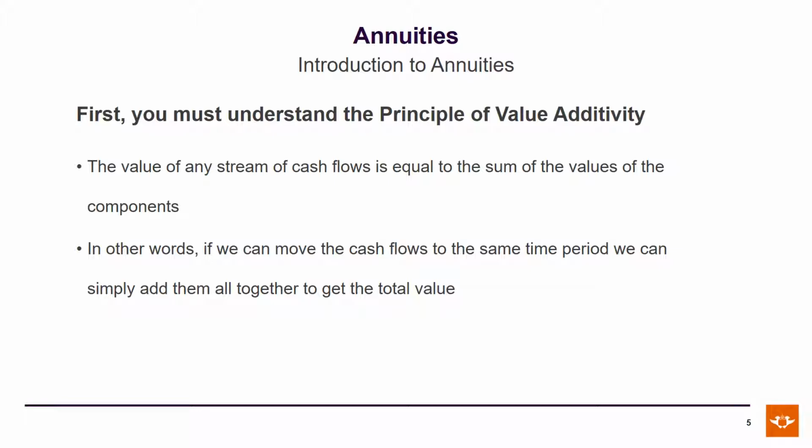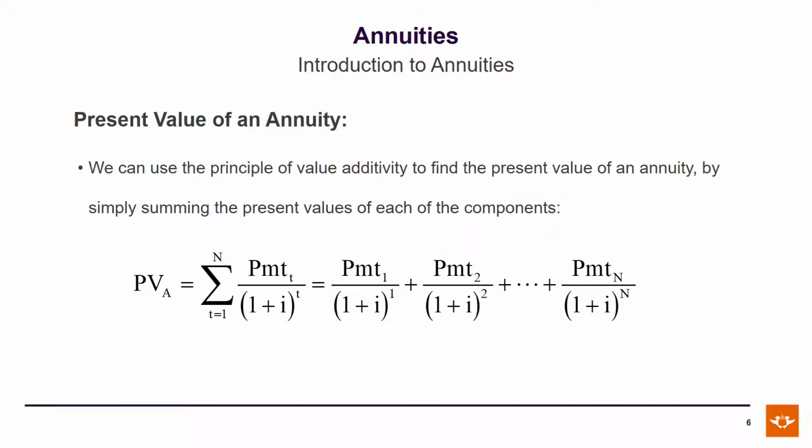In other words, if we can take the individual cash flows for an investment and move those cash flows to the same period of time, we can simply add them together to get the total value. So if we look at finding the present value of an annuity, we can simply use the principle of value additivity by finding the present value of each cash flow at time 0 and then adding all those cash flows together.